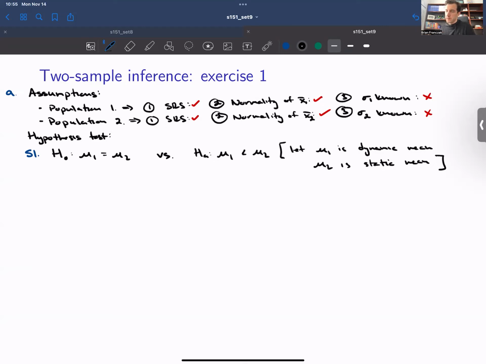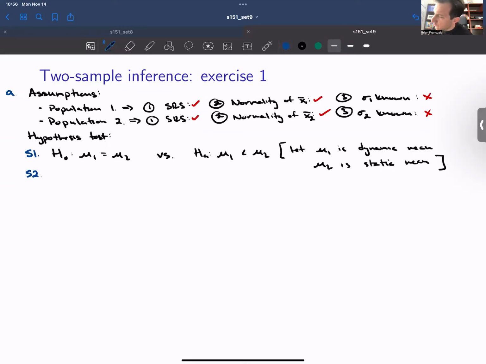And this will influence the computation of the test statistic as well, because the test statistic is written as x bar 1 minus x bar 2. So if mu1 is the dynamic population, then x bar 1 has to be the sample mean for the dynamic sample. All right, so we'll run this as a lower tail test because mu1 is going to represent the mean for the dynamic population and mu2 the mean of the static population. Okay.